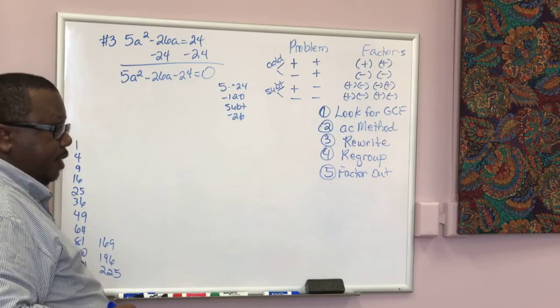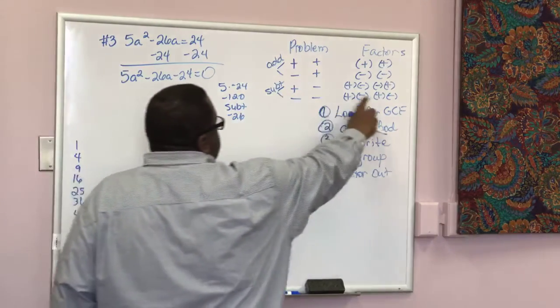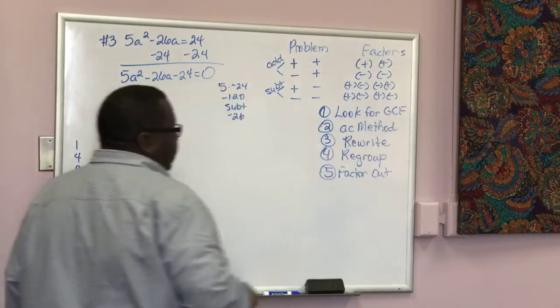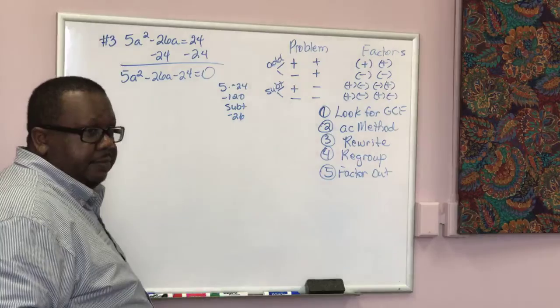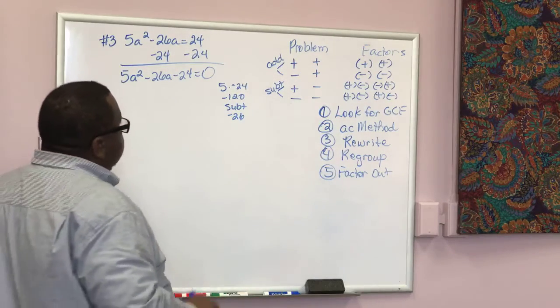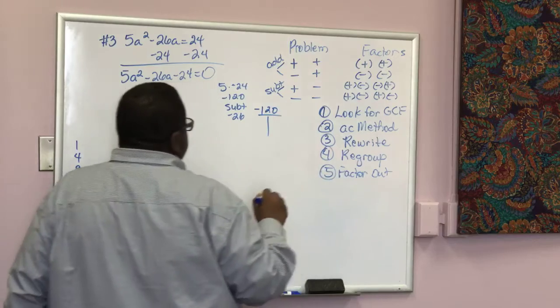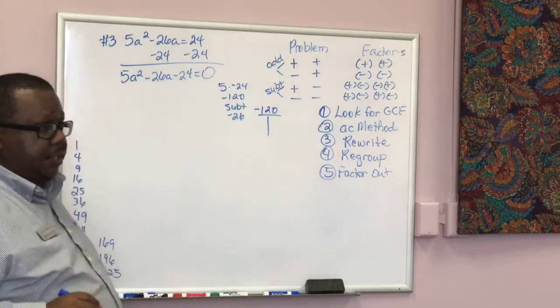So since we're subtracting, that means our signs are going to be different. So we have to subtract to get this number. What are some factors of negative 120 that, when we subtract, give us a negative 26?